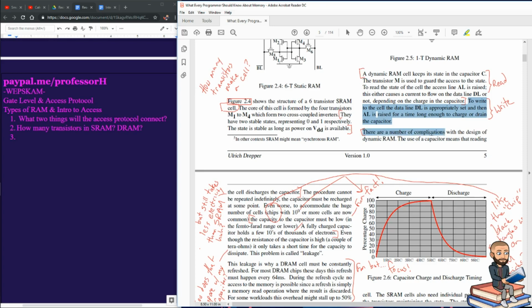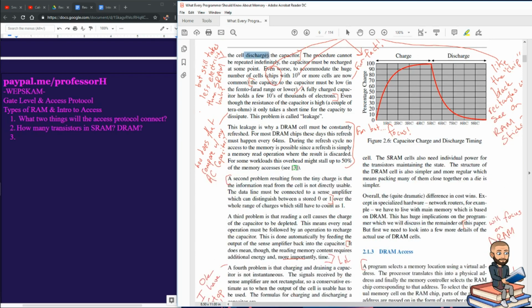There are a number of complications with the design of dynamic RAM. The use of capacitors means that reading the cell discharges the capacitor. The procedure cannot be repeated indefinitely, and the capacitor must be recharged at some point. Even worse, to accommodate a huge number of cell chips, we could be talking about chips with 10 to the 9 or more cells, the capacity of the capacitor must be low.